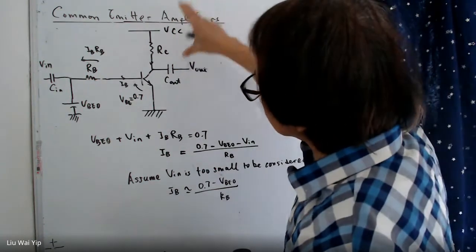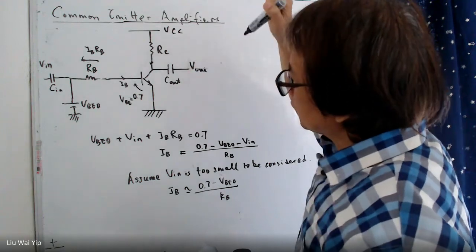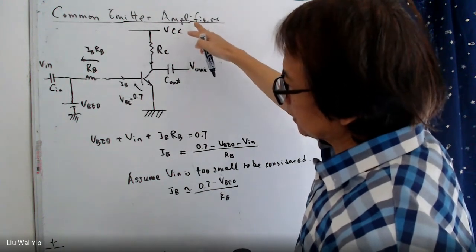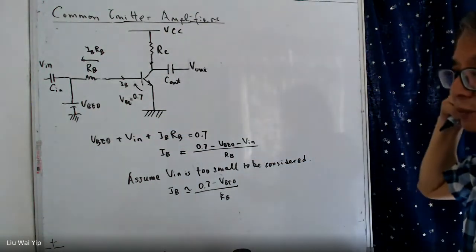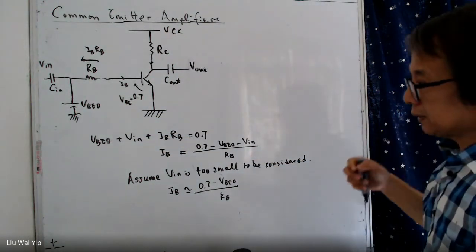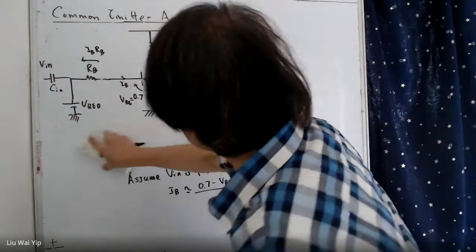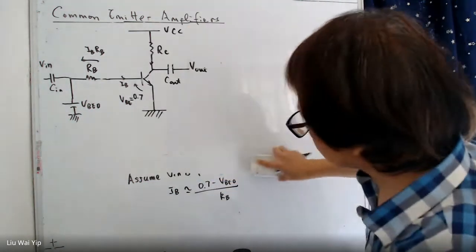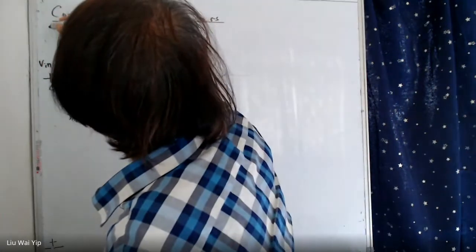We can retain VCC. VCC is still powered by one battery, but this one, there are many ways to do this. One way is we don't do anything. So we can use the technique so-called fixed base.